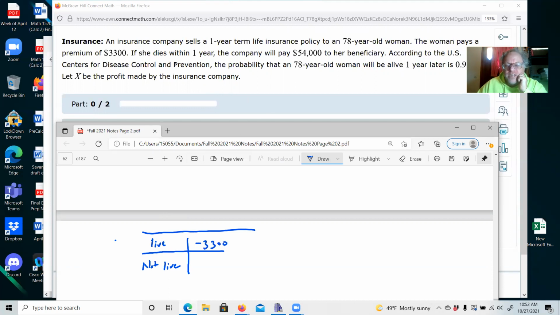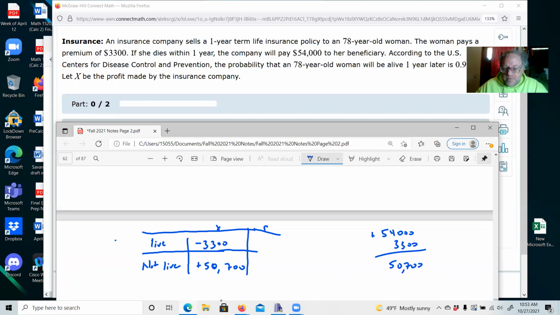If she doesn't live, well, she's out everything, but her heirs get the $54,000, but she doesn't have that $3,300 in her bank account anymore. So the value of the event, if she doesn't live, to her heirs is going to be plus $50,700. So that's our X.